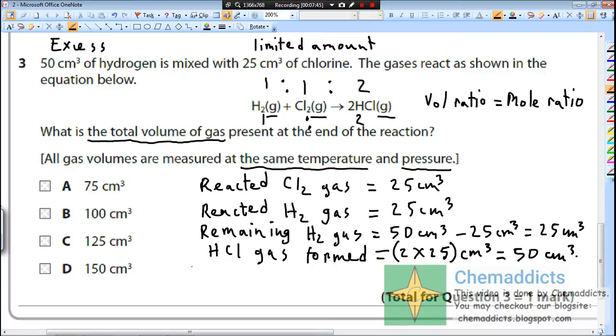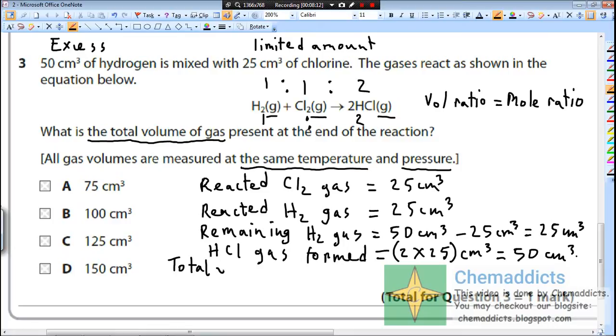Okay, so now let us find the total volume. It is required to mention that most of the students consider the volume of HCl gas as the answer, but this is not the answer. They have asked us to find the total volume of gas present in the mixture. So this is the crucial point of this question.